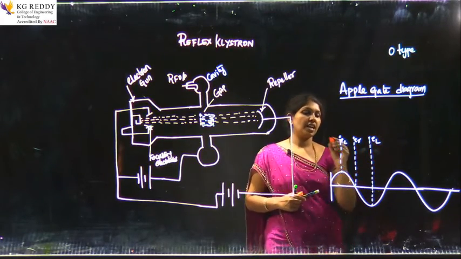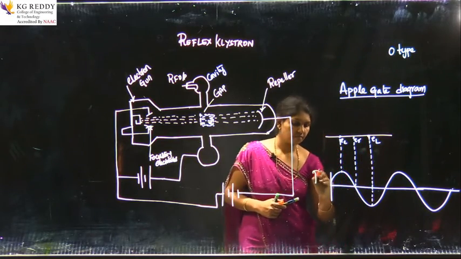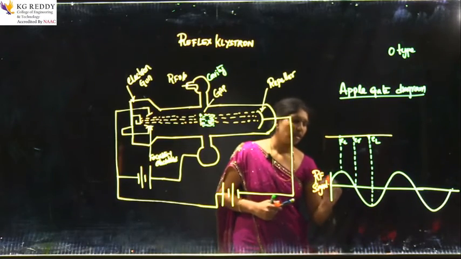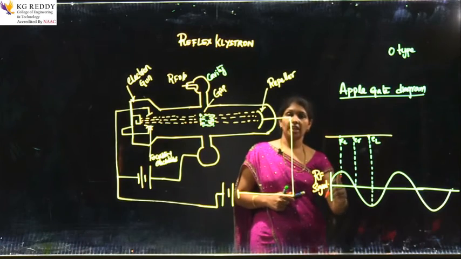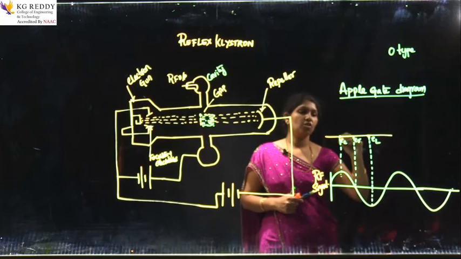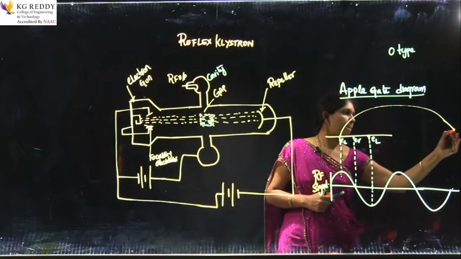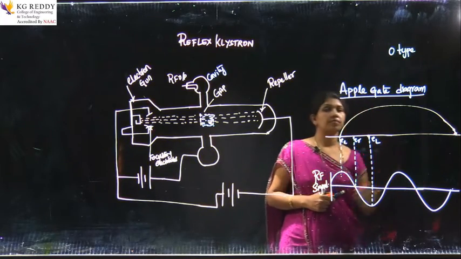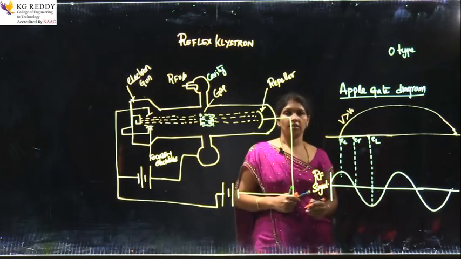Now, these 3 electrons, after interaction with this RF signal, this is how bunching takes place. Because the early electron is subjected to the positive RF input, it moves with high velocity and to a longer distance. The velocity of this electron is V greater than V naught.